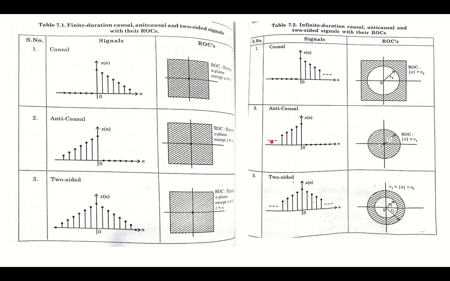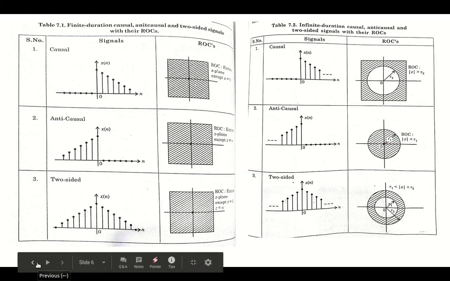We can check from these dotted lines, and subsequently the ROC for such a signal will be inside the circle with radius R1. So my ROC will be mod z less than R1.